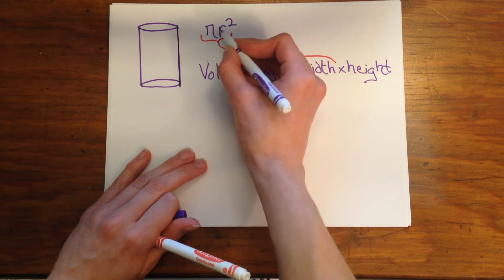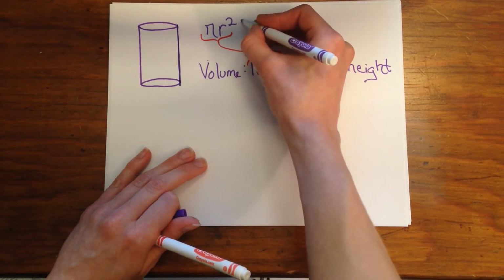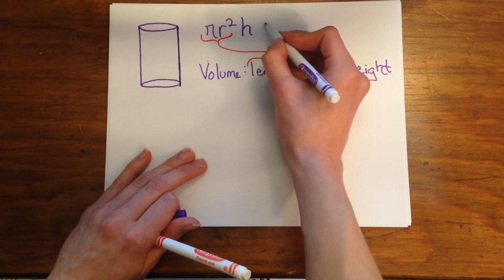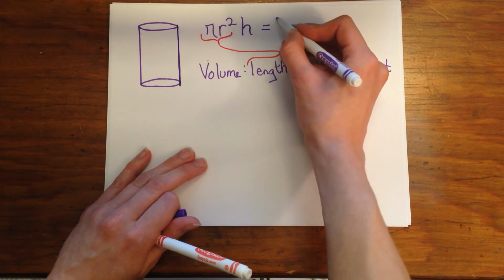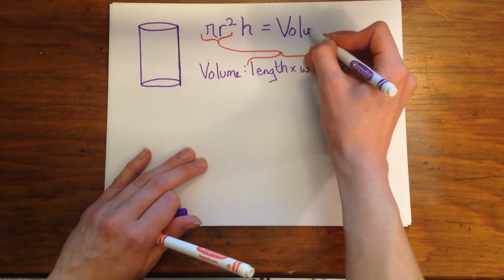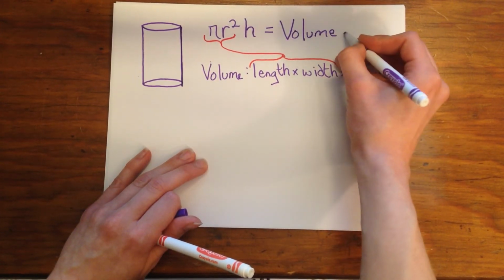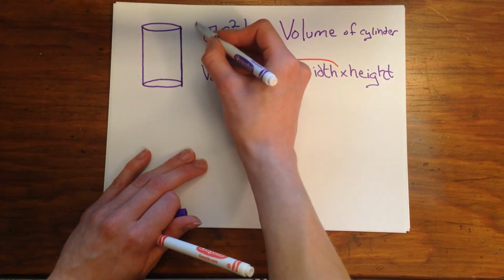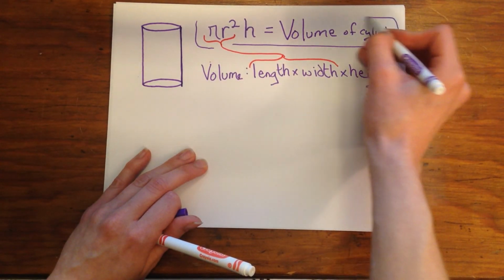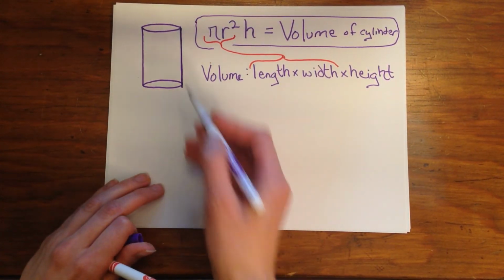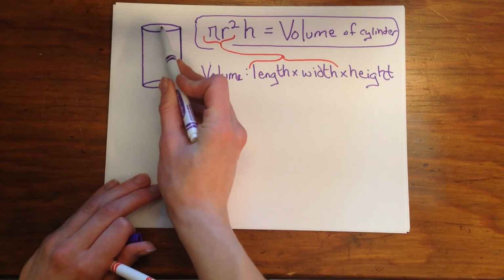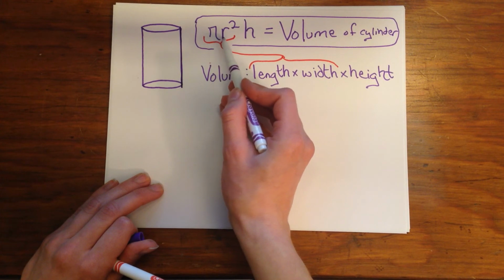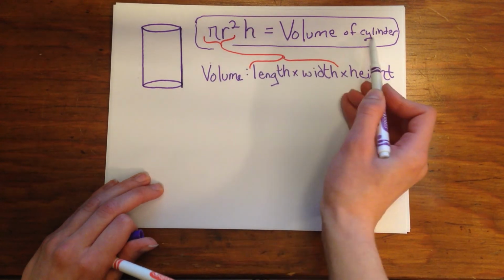So if we want to find length times width, times, we add our h in here for height, this is going to be our volume formula for a cylinder. Okay? This is our volume of a cylinder. You've got your length times width right here. You've got your height right here. Length times width times height equals volume of a cylinder.